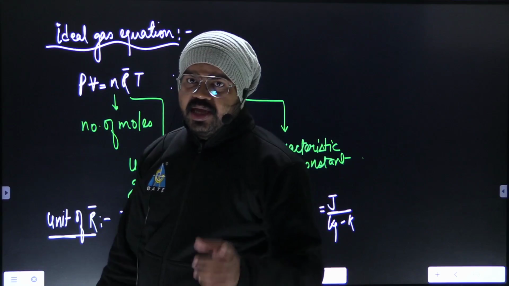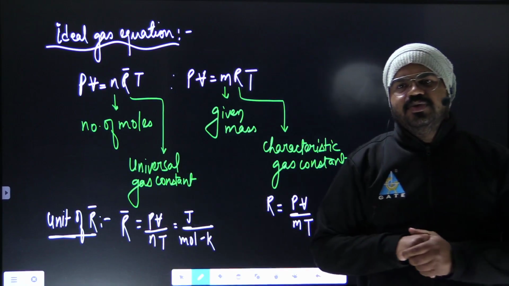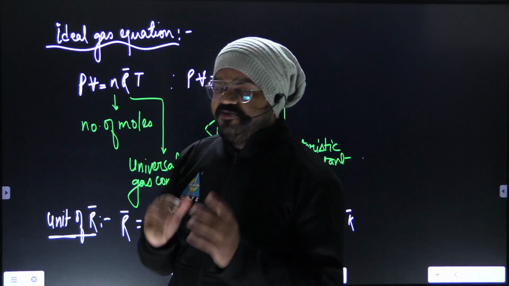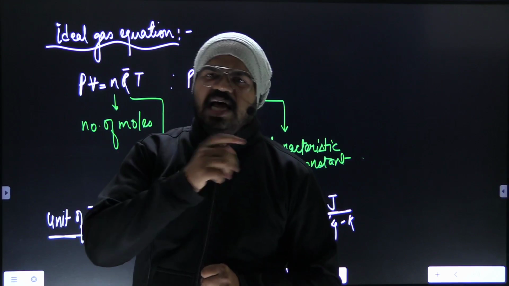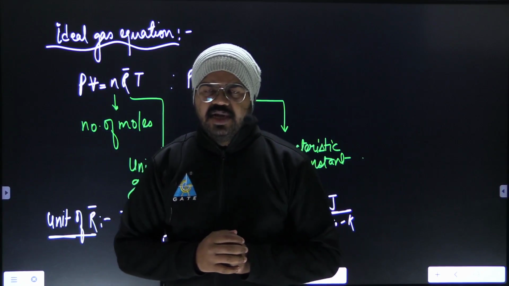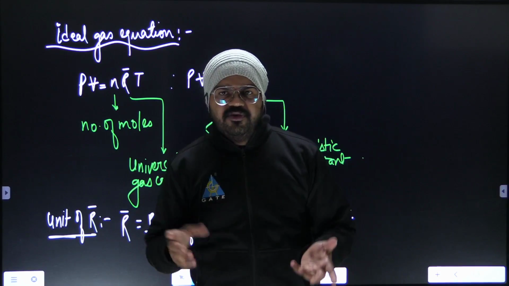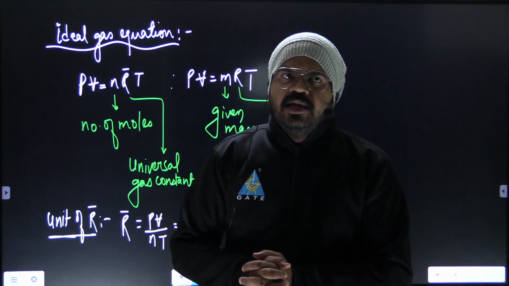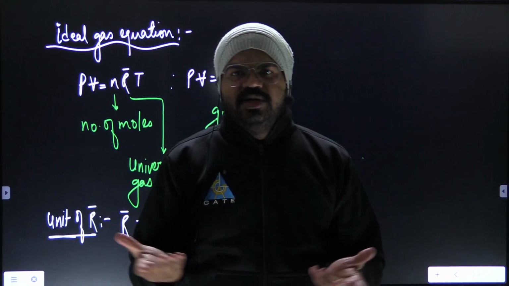Now, in the comment section, tell me which conversion you are facing problems in, and I will take the session in a live mode. So you have to get familiar. Some things you need to remember. For example, what is joules per second? You need to remember it.